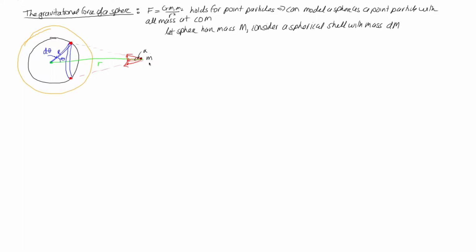So considering just these horizontal components that add together, we can say that the force due to the ring is equal to the universal gravitational constant times the mass of the particle here times the mass of the ring. Now we need to divide by the distance between the ring and the mass m.